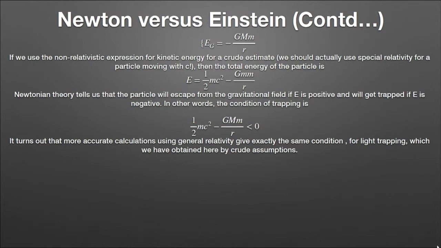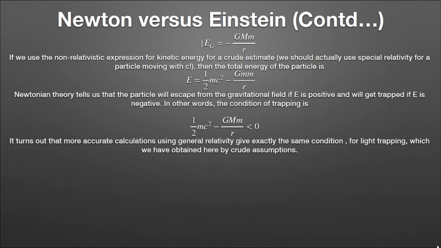What we'll consider is a body of mass M, the sun, and another body of mass small m, like a planet, we could say. For that, we know the potential energy is going to be minus GMm by r. If we use the non-relativistic expression for kinetic energy, because we are going according to Newton, the total energy of the system would be half mc square minus GMm by r.